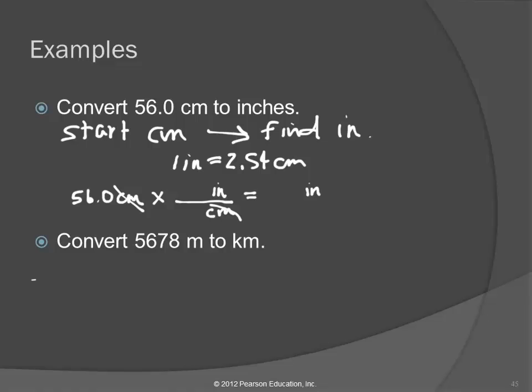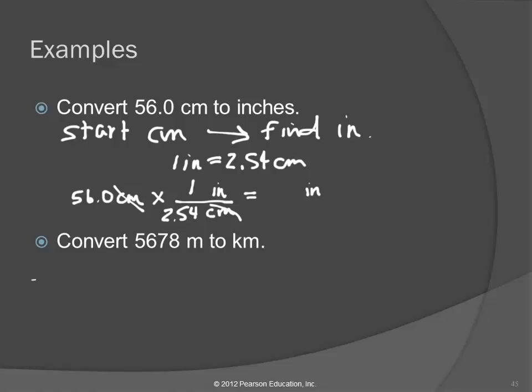Now we look at our equality here. 1 inch equals 2.54 centimeters. We take those numbers and we fill them in here. In front of inch is the number 1, so it has to stay in front of inch here. And in front of centimeters is 2.54.